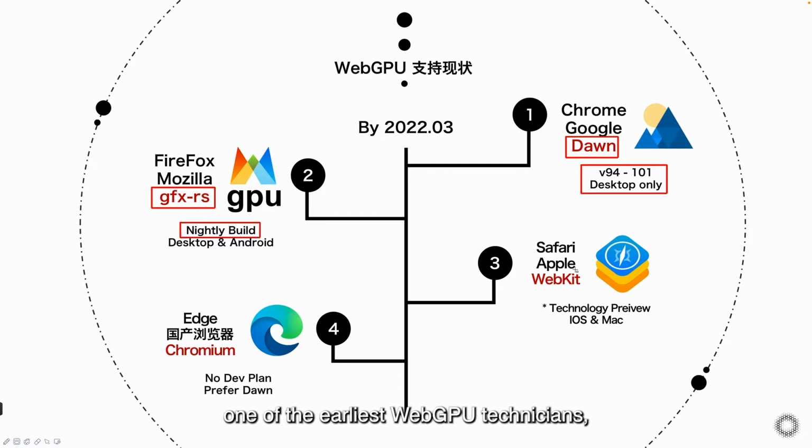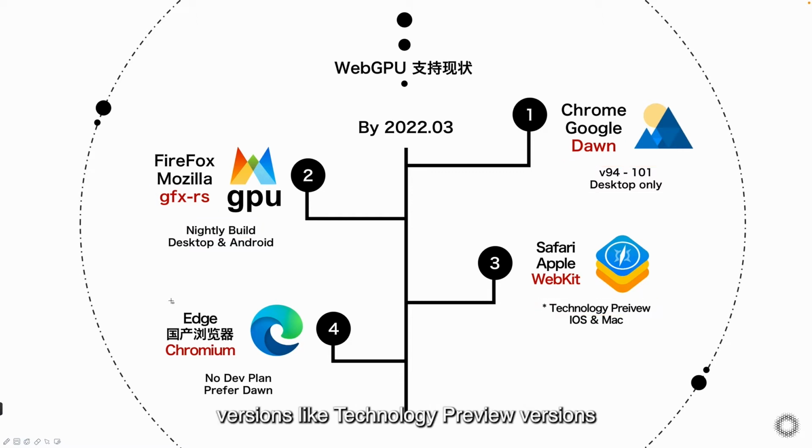As for Apple, one of the earliest WebGPU contributors, they also did the WebGPU adaptation work in Safari WebKit very early. So now they have provided public testing of WebGPU in certain versions, like the Technology Preview versions, supporting both iOS and Mac systems.